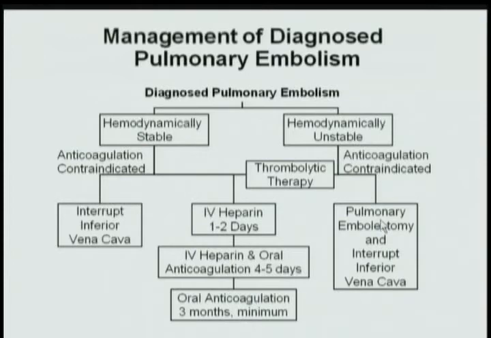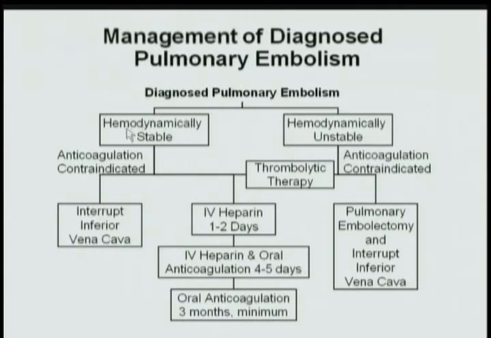They'd rather use thrombolytic therapy because once you do an embolectomy, this patient has to be on anticoagulation for the rest of their lives. But if thrombolytic therapy is contraindicated, this is your only option. And then to prevent further clots, you put an inferior vena cava filter in. That's the only thing that you could do. So hemodynamically unstable patients, think about thrombolytic therapy, and if that's contraindicated, embolectomy.